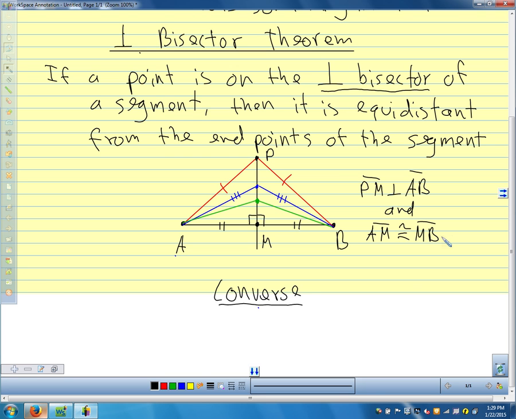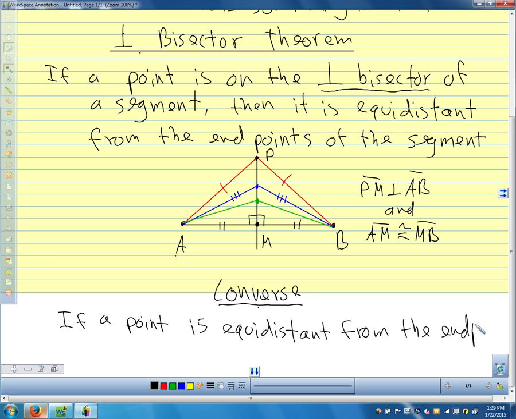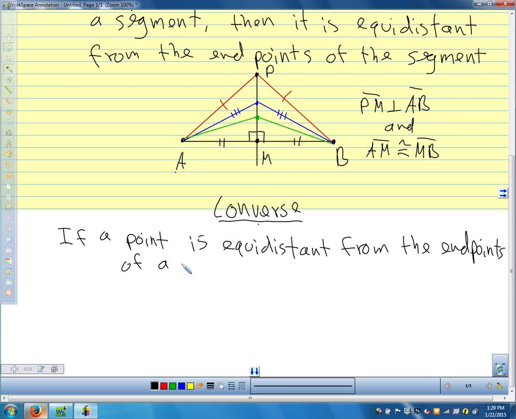How do we make the converse of an if-then statement? Reverse it. The converse of the perpendicular bisector theorem is true also. So let's reverse it. If a point is equidistant from the endpoints of the segment, what would we write next?